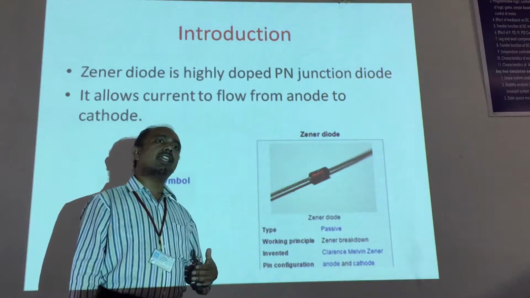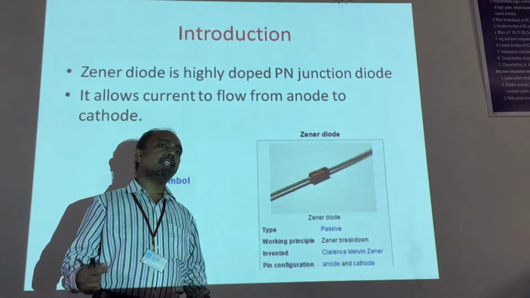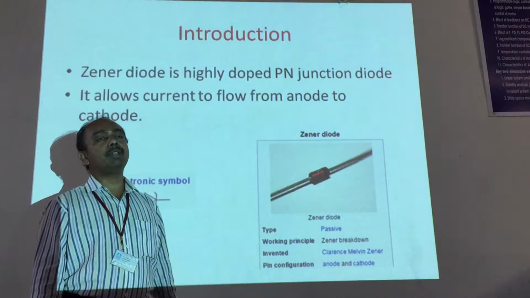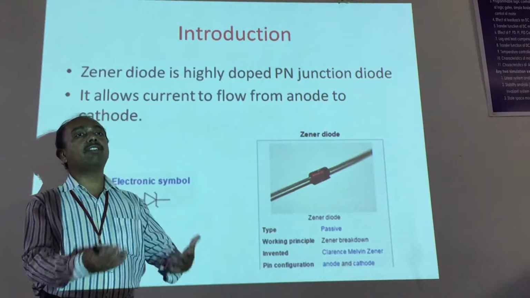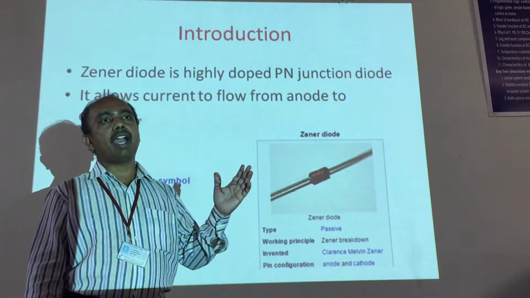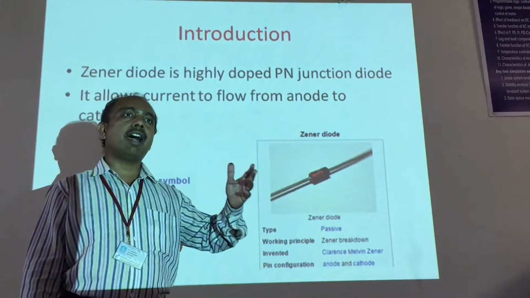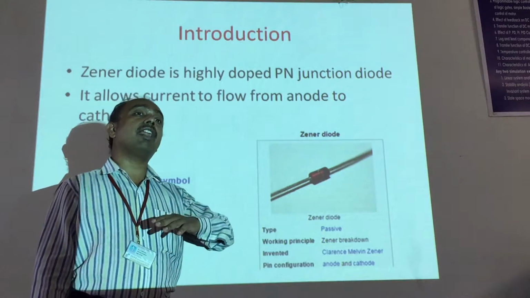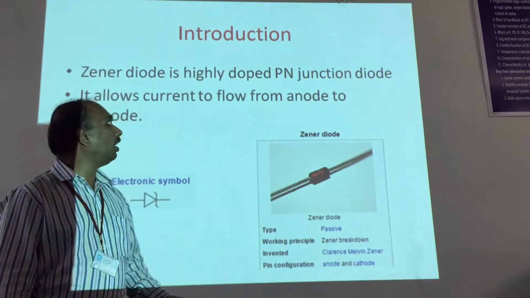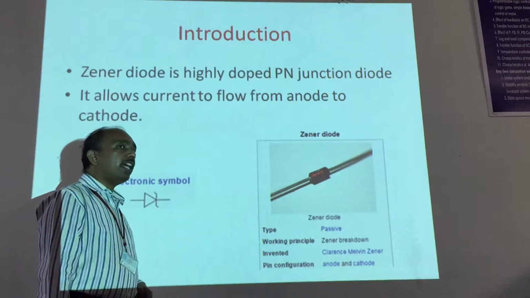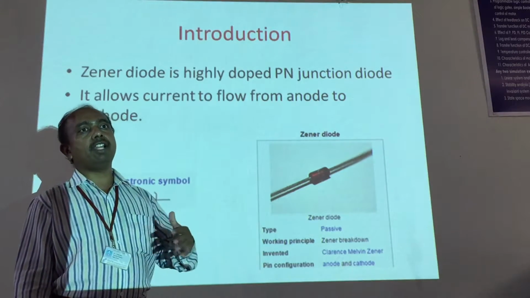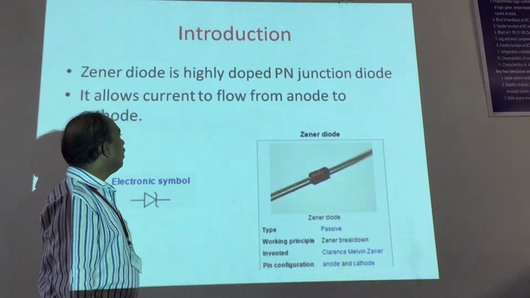Similarly, an n-type semiconductor is obtained by adding pentavalent impurities to pure silicon, so that its conductivity can be increased. Now a PN junction diode is formed by joining p-type and n-type semiconductor one after another using a special fabrication technique. And our zener diode is also a PN junction diode, but it is a heavily doped PN junction diode.